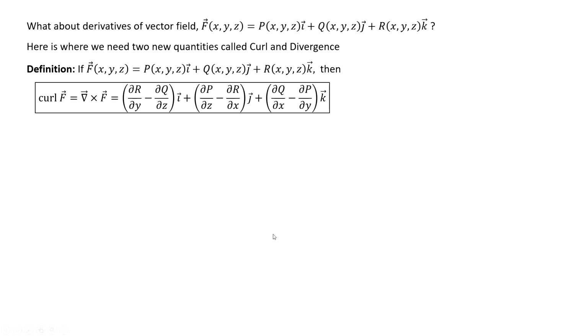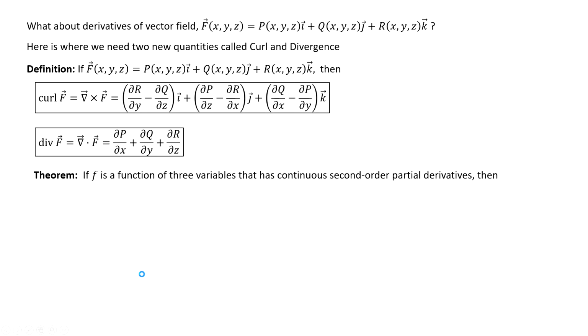I'm sorry, guys. So if f of x, y, z is that, and this is given by this, and partial r with respect to z.